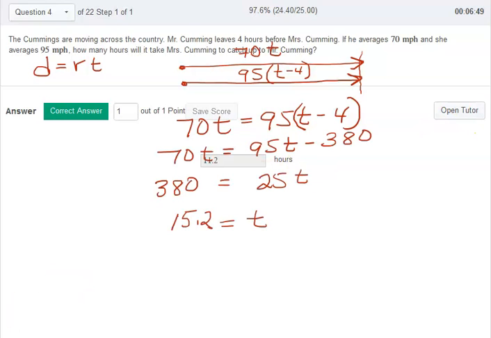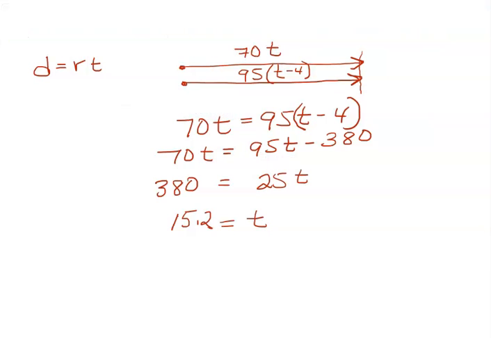Okay, let's go to the whiteboard again and check this out. There's a couple of ways to solve this. What I decided I would do is bring the 70t over to this side. That is, transpose it or subtract 70t from both sides, and I got 25t.